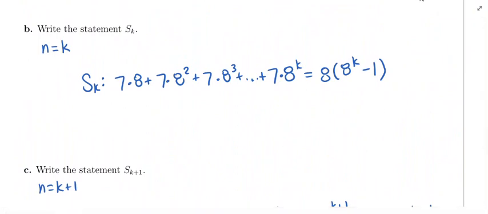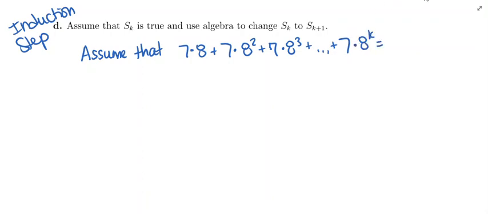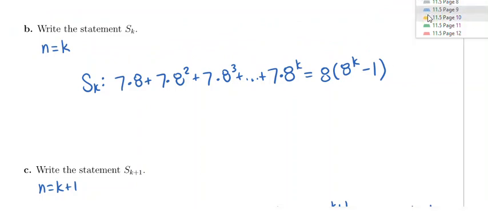So we're assuming that 7 times 8 plus 7 times 8 squared plus 7 times 8 cubed plus all the way to 7 times 8 to the k power is equal to 8 times 8 to the k minus 1.